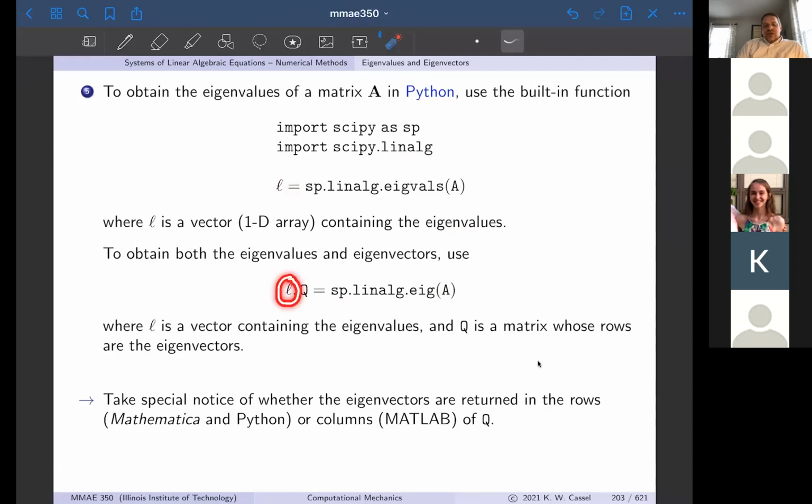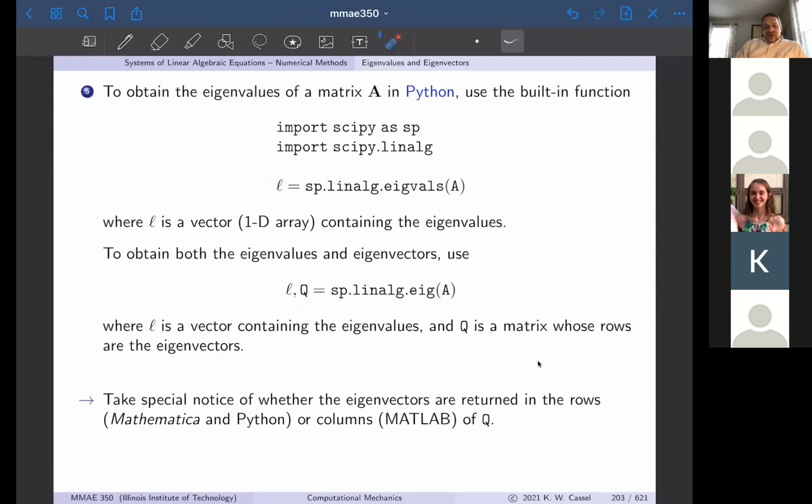Now it's not returning, like MATLAB, a matrix with the eigenvalues along the diagonal. It's still just giving you, just like the eigvals function, a vector of the eigenvalues, which actually makes more sense. And then it gives you the Q matrix, which has the eigenvectors in it. The difference is the eigenvectors are actually the rows. So the first row of Q is the first eigenvector. Second row of Q is the second eigenvector.